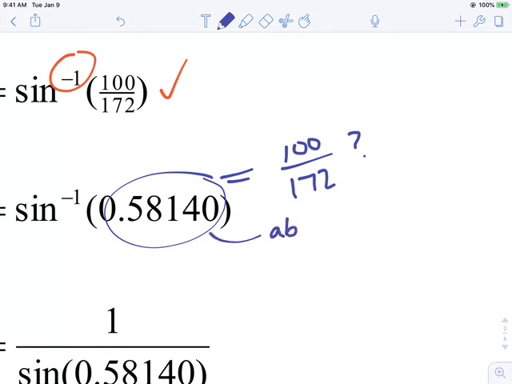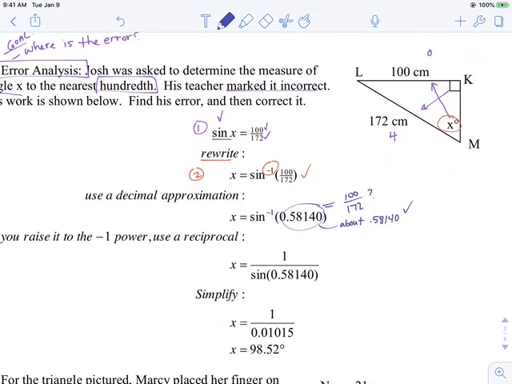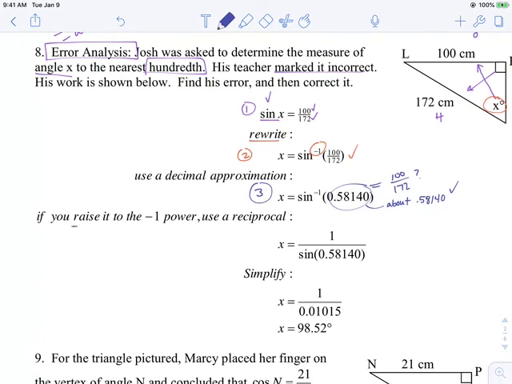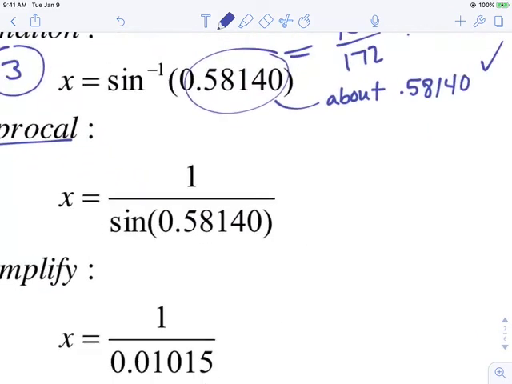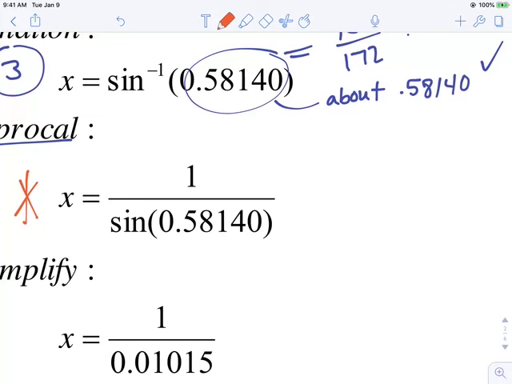It's about 0.58140, so that's fine. If you raise it to the -1 power, use a reciprocal. I haven't heard anything like that in our class so far. This is where the error is.